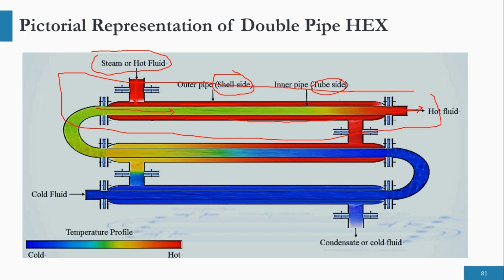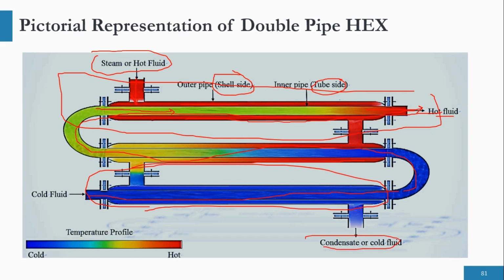So this is the first pass, this is the second pass, and this is the third pass of the double pipe heat exchanger. If we simply specify that the cold fluid is passing through the inner pipe and going out at a much higher temperature, while the hot fluid is coming through here, flowing through the annular space between the pipes and then leaving as a condensate.